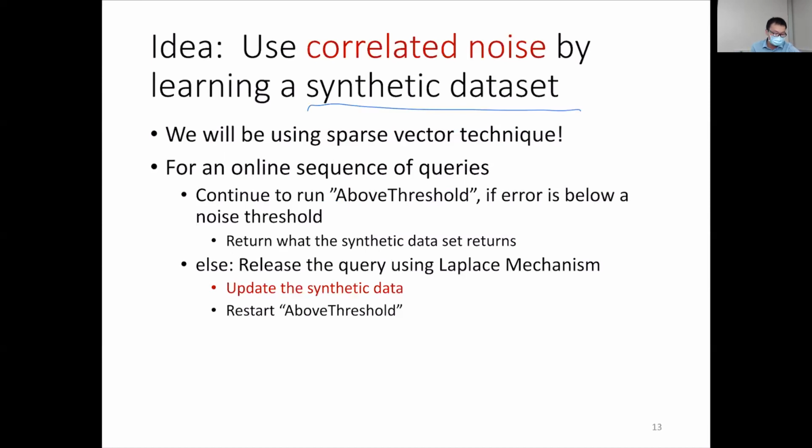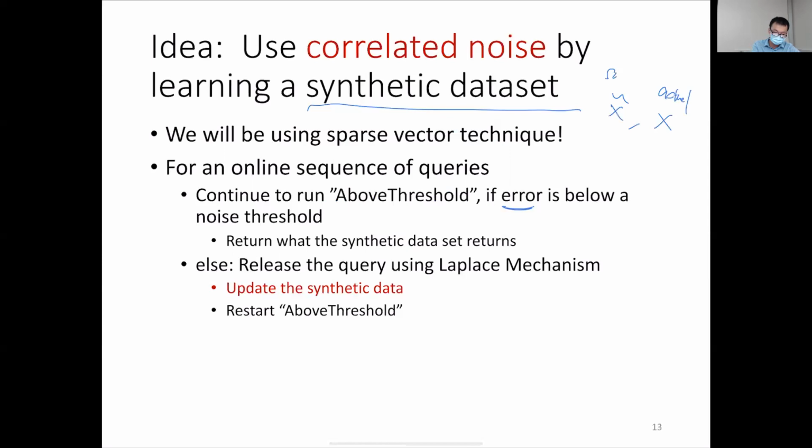So how we are using the sparse vector technique is the following. For an online sequence of queries that we receive, we'll just keep running above threshold. And above threshold is run on a particular type of query, which measures whether the answers coming from the current synthetic data are accurate enough compared to the ground truth. Let's say my synthetic data set is x tilde, and the actual data set is x.